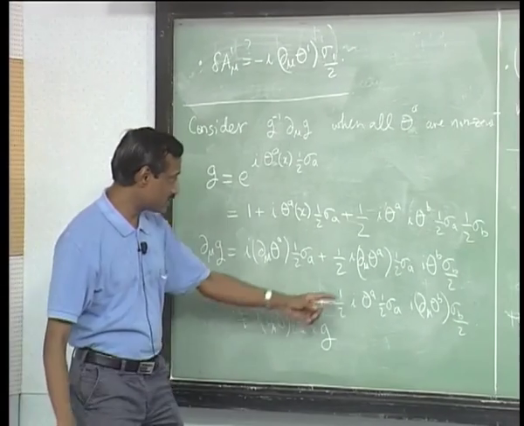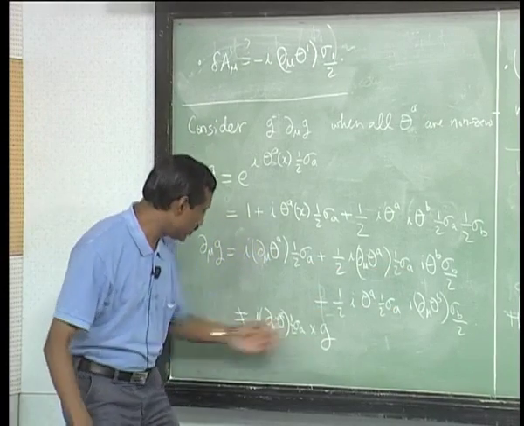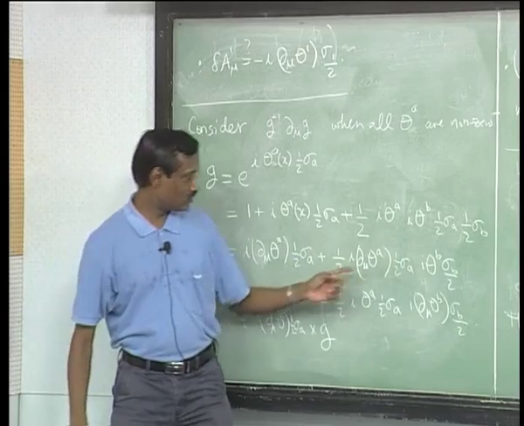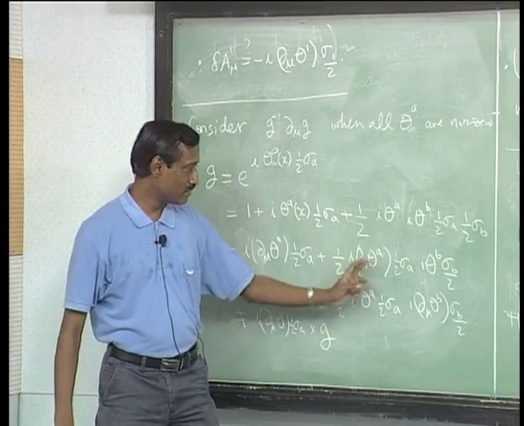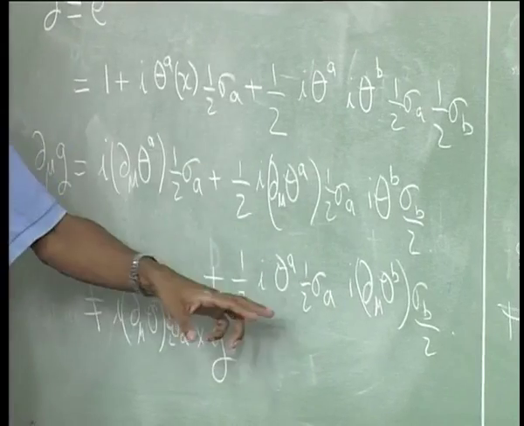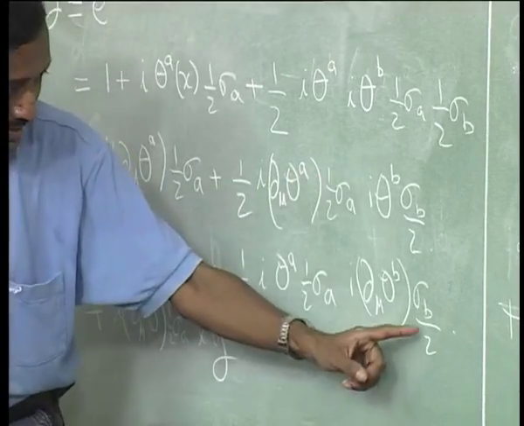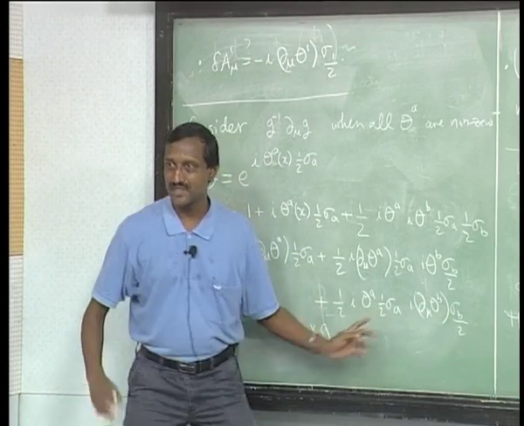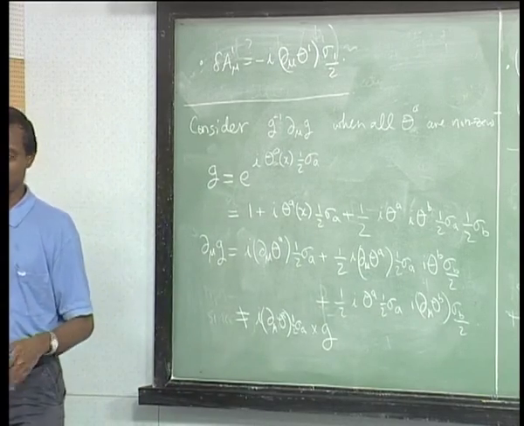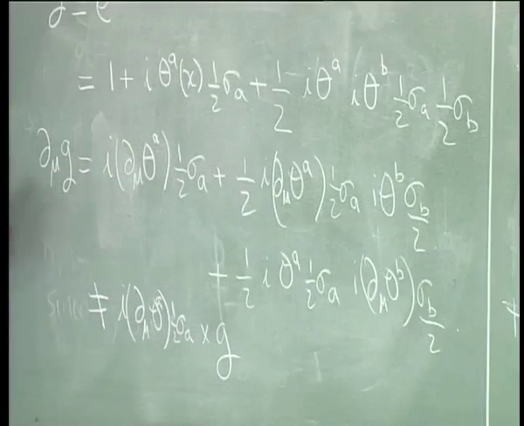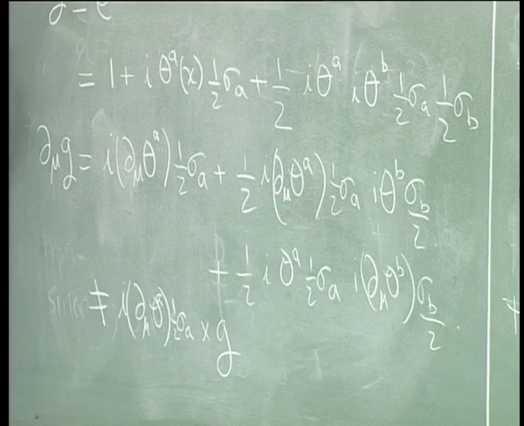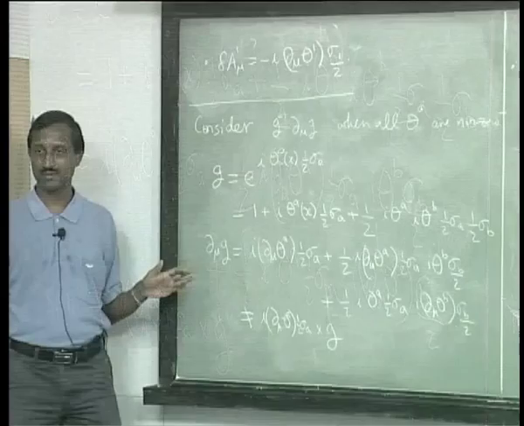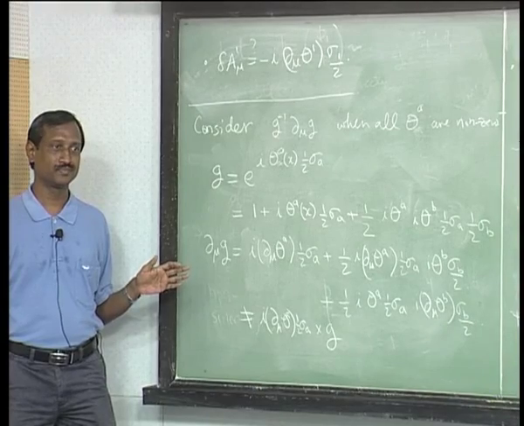So let us come back to this and see, if I tried to pull out something like this, what remains on the other side. You see here I have to write a 1 here, but then I have to subtract a half. So what I will get here is the commutator of sigma a and sigma b, which is again an element of the Lie algebra. So all I am saying here is that I can always write g inverse d mu g as an element of the Lie algebra, always.